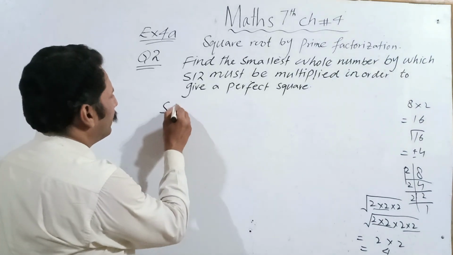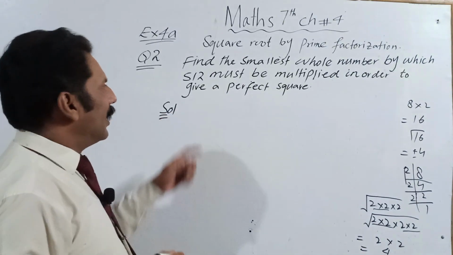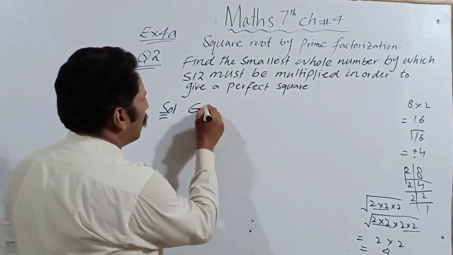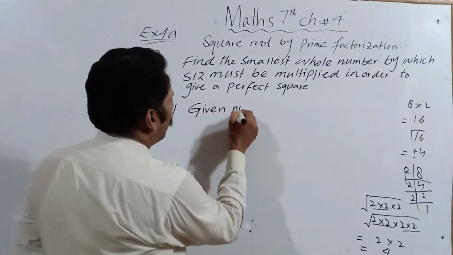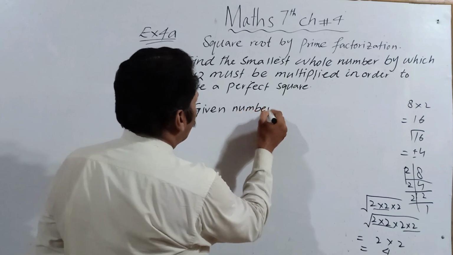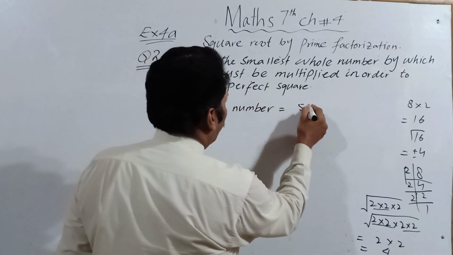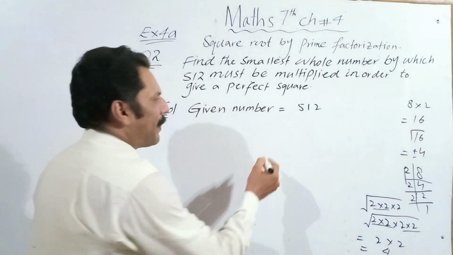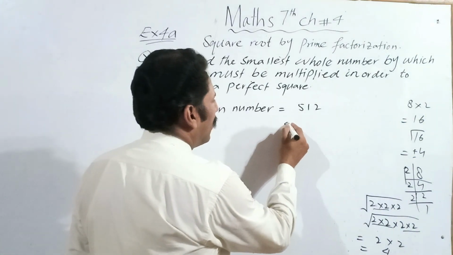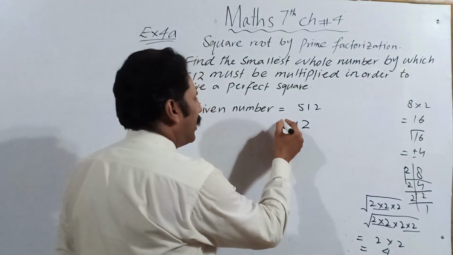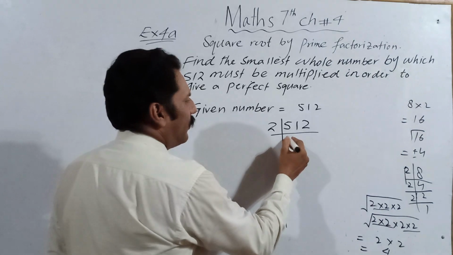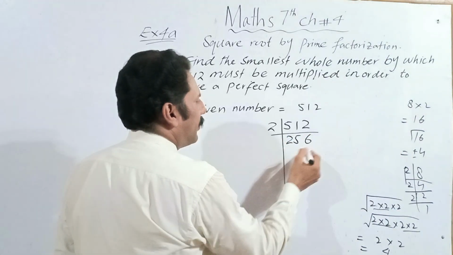Solution. 512 is the given number. So we will make the prime factors of 512. 2 2s are 4, 2 5s are 10, 2 6s are 12.